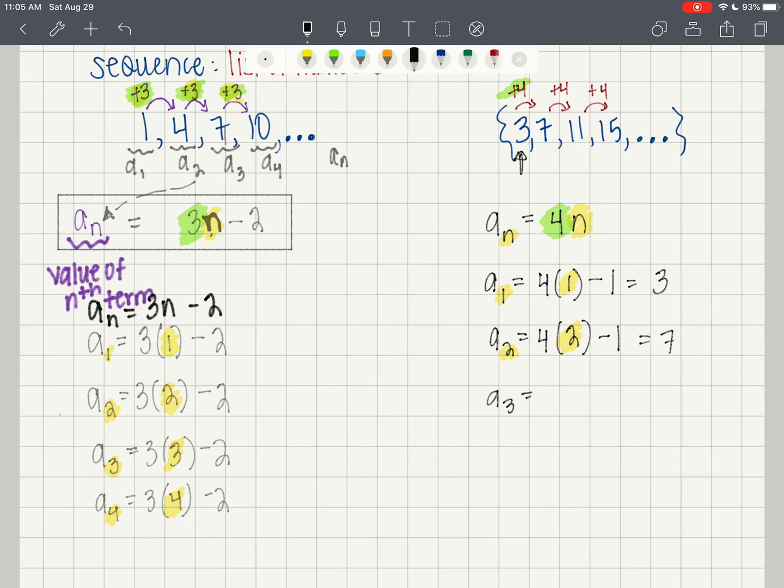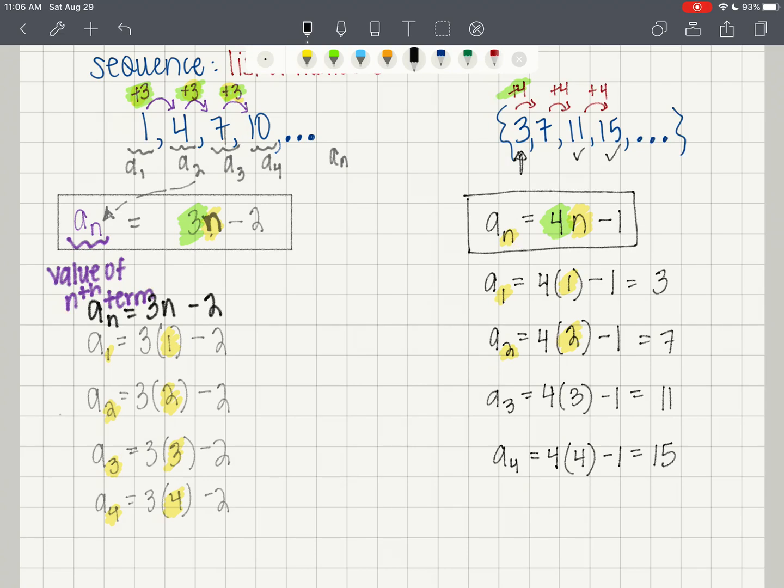A sub 3 is going to equal 4 times 3 minus 1. 12 minus 1 is 11, and yep, that worked. And then a sub 4, that's the value of the fourth term. 4 times 4 minus 1, which is 15. And that one worked as well. So that is our formula for the second example.